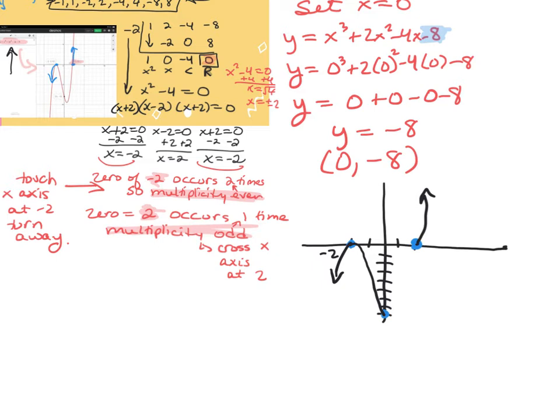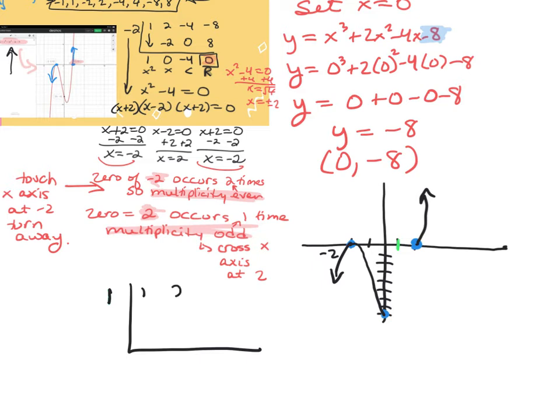The way that I find that additional ordered pair is I can either use the remainder theorem or I can just plug in an x to my original equation. The x value that I want to plug in is going to be x equals 1 because I want the ordered pair in this section. So I can do synthetic division using 1, and the remainder I get is my y value.